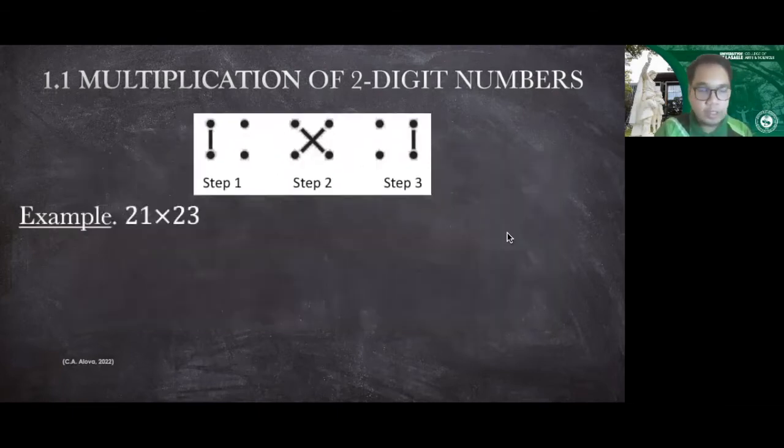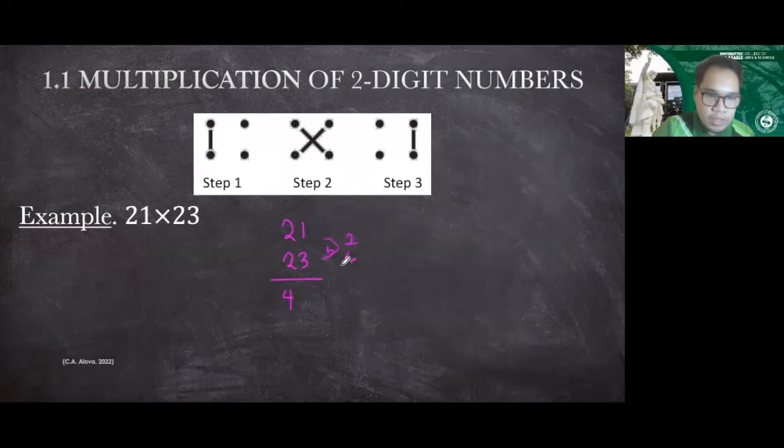I'm going to show you how, making use of this first example of ours, which is 21 times 23. Let us first set this up, 21 times 23. Then we multiply vertically first, by step 1. 2 times 2 is going to give us 4. That's going to be our hundreds place. And then crosswise, 2 times 3 is 6, plus 1 times 2, which is 2.